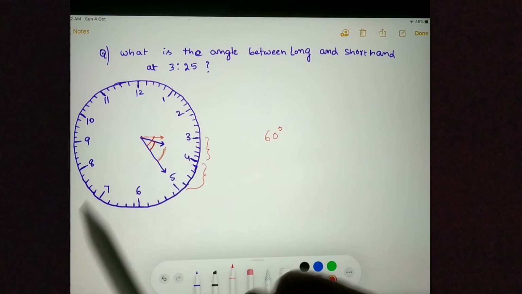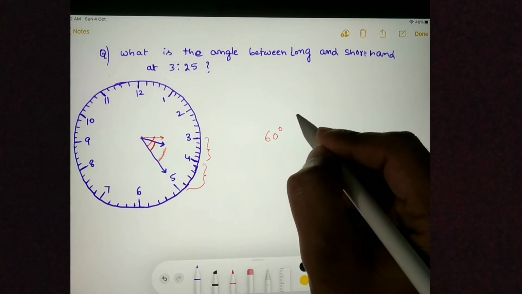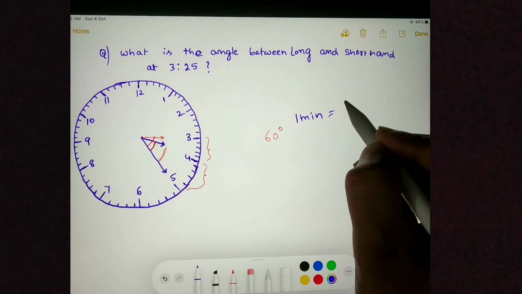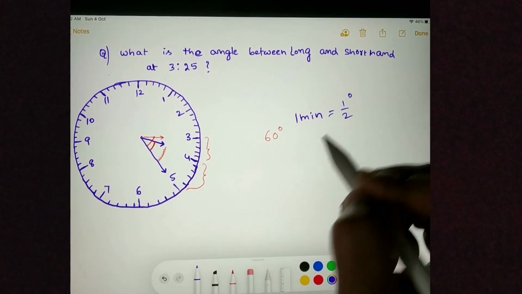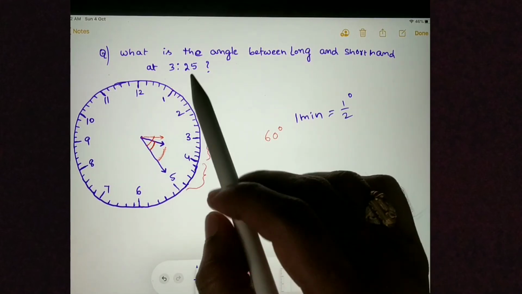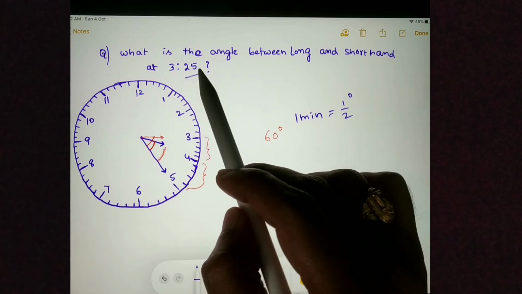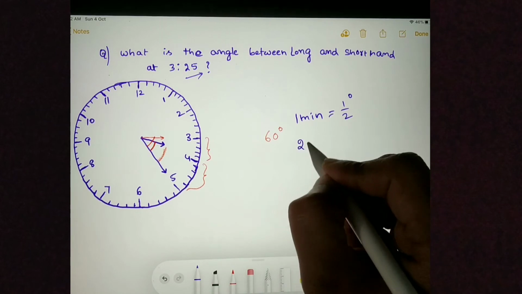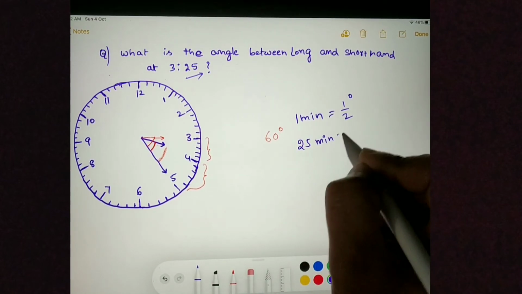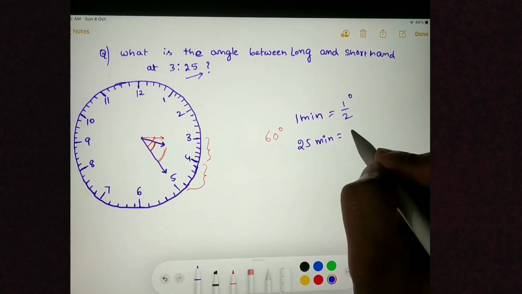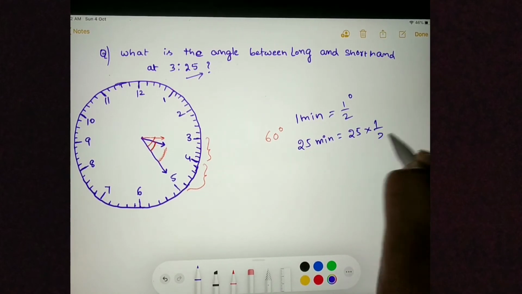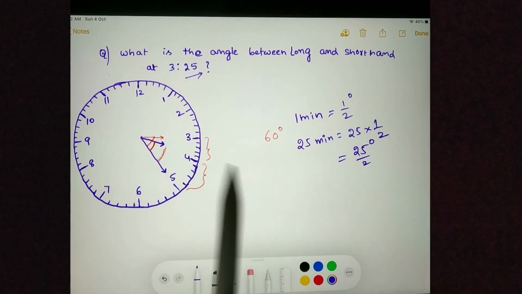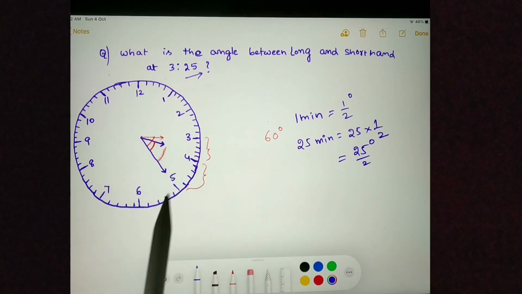And as we already know, in a minute our hand travels half a degree. And here the long hand traveled 25 minute spaces. So in 25 minutes, how much does our hand travel? That is 25 into 1 by 2. 25 by 2 degrees our hand travels in 25 minutes.